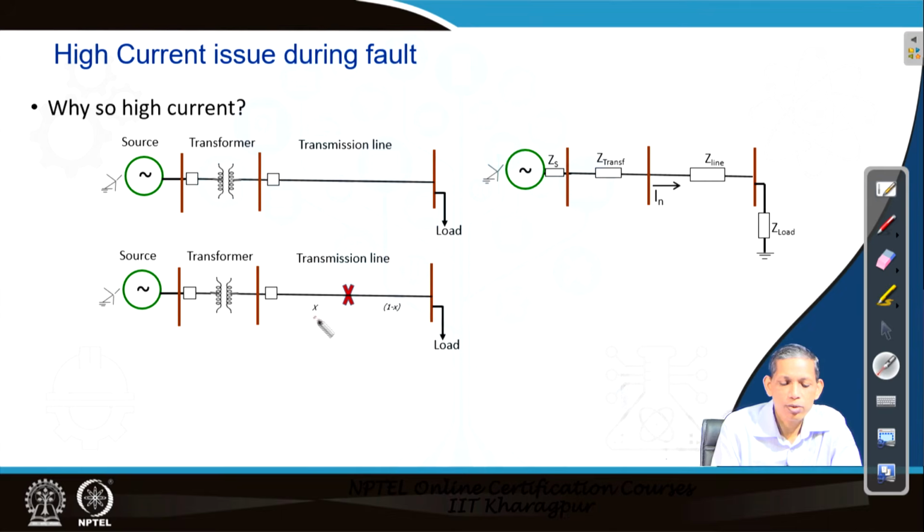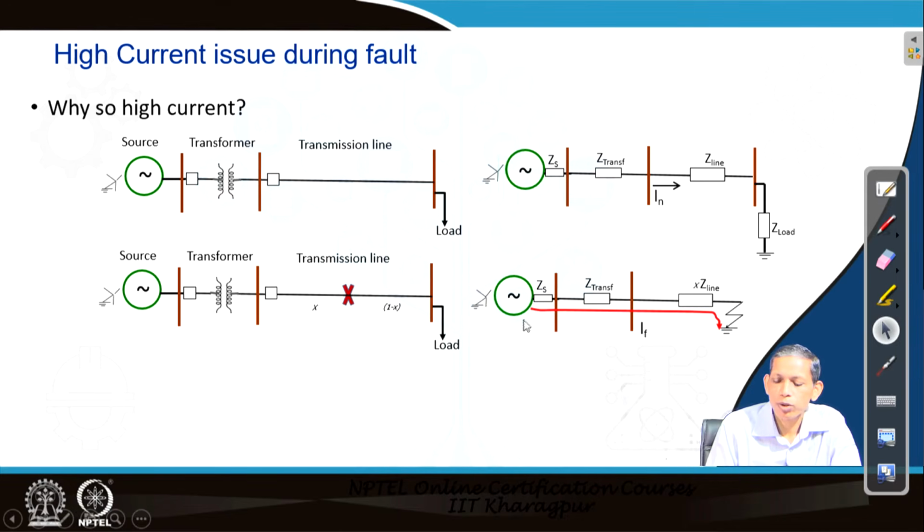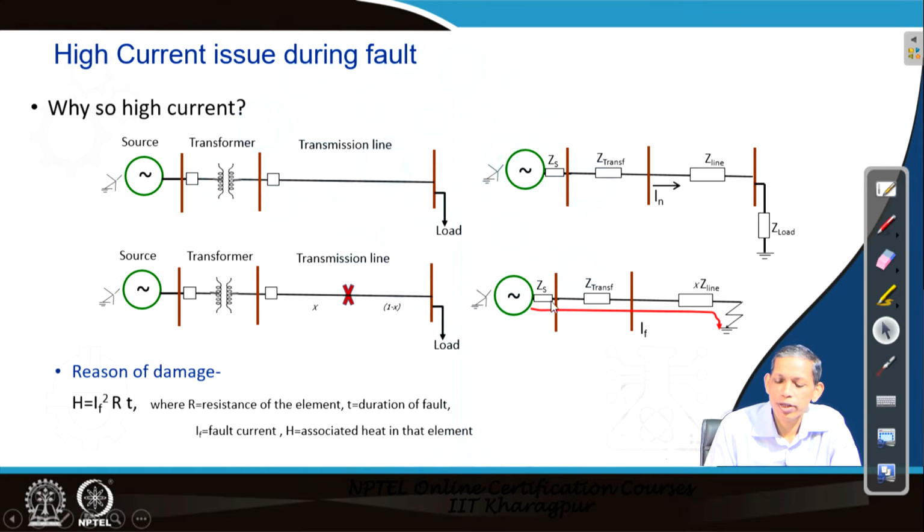Next, let us say a fault happens in the transmission line due to a tree falling or so. Then the current flowing to the fault path, let us designate it by I f, encounters ZS, Z transformer and Z line.